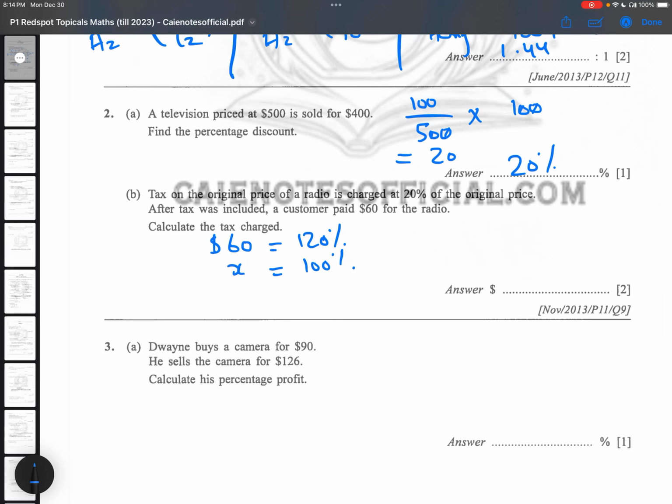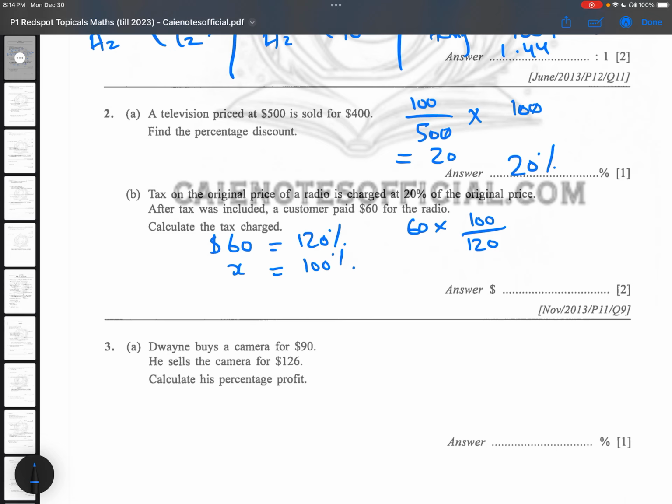So I told you whenever we have to do such kind of questions, what we do is the quantity is 60. I multiply it with the unknown percent that is 100 and I divide it with 120 that is the known percentage.